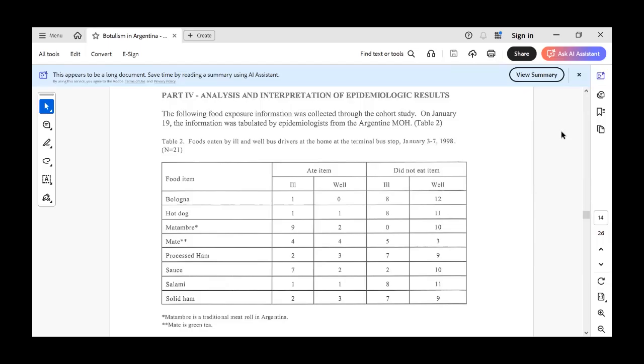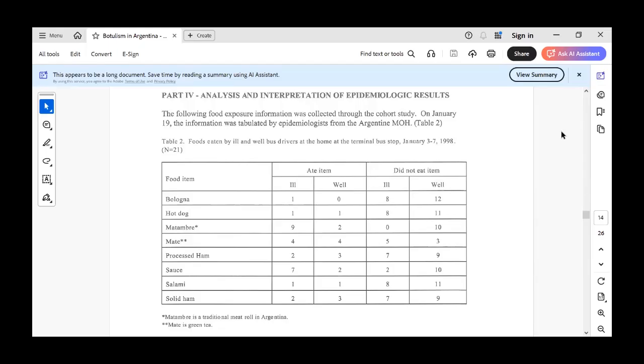No, go ahead, Akeem. Let me think while you talk. I was going to say that the exposed group has a 2.5 times higher risk of developing botulism than those who did not eat bologna.